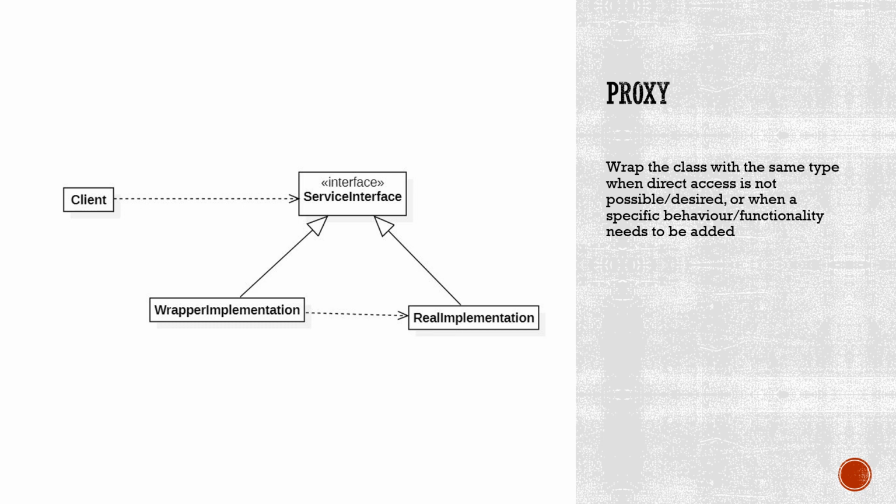That's why we wrap it in the wrapper implementation. So in the runtime, the client uses the wrapper implementation. The wrapper implementation adds some functionality to the real implementation. It acts as a proxy.